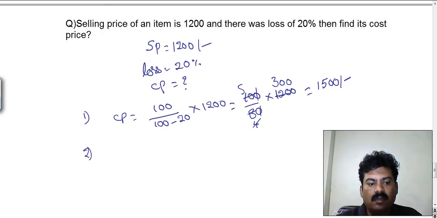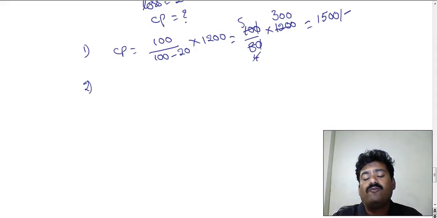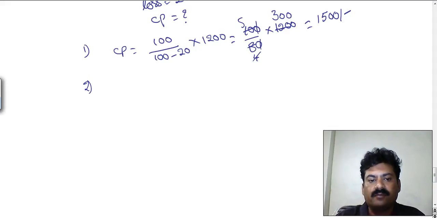Otherwise, in the second technique, a simple technique, wherein we can find a simple thing like this. After selling the item, there is a loss of 20%. Initially cost price is 100%. After selling the item, only 80% of the amount is remaining.